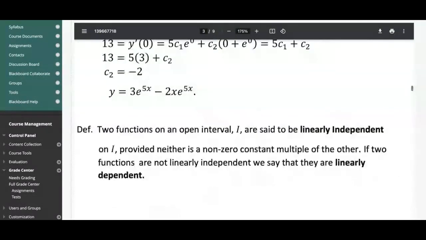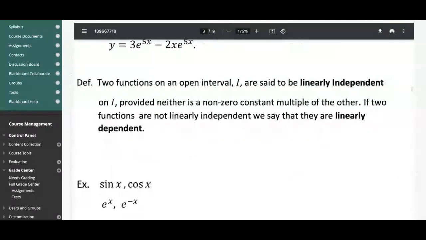All right, let's go to linear independency. So the definition for linear independency. Two functions on an open interval I are said to be linearly independent on I, to be mathematically correct, provided neither is a non-zero constant multiple of the other.